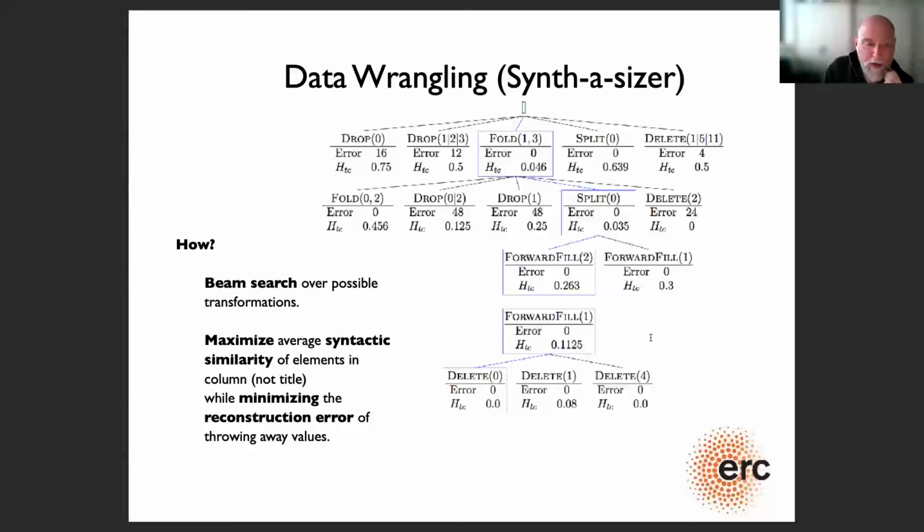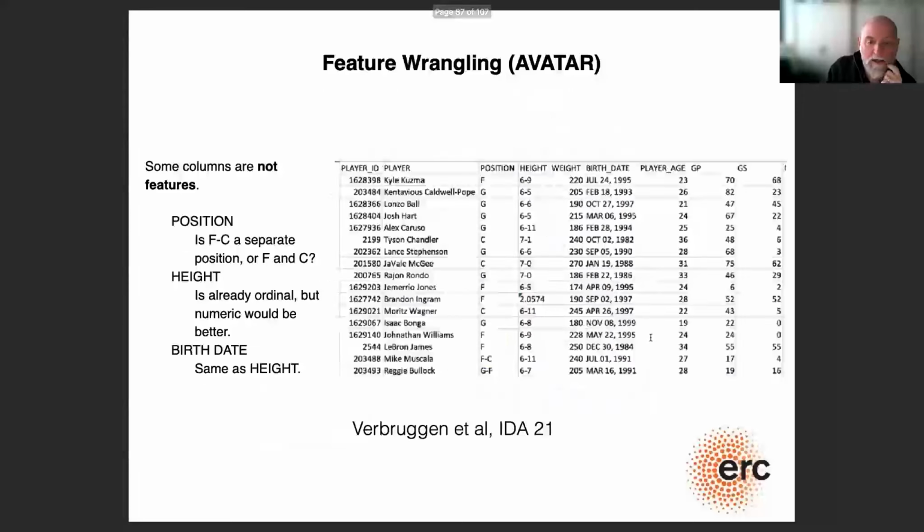And there are a lot of variations on this kind of system. You can also do this at the level of features. So far, I showed it at the level of tables, but you often get also a table where, for instance, this position column has, in some rows, F, in others G, and in some cases there is both.